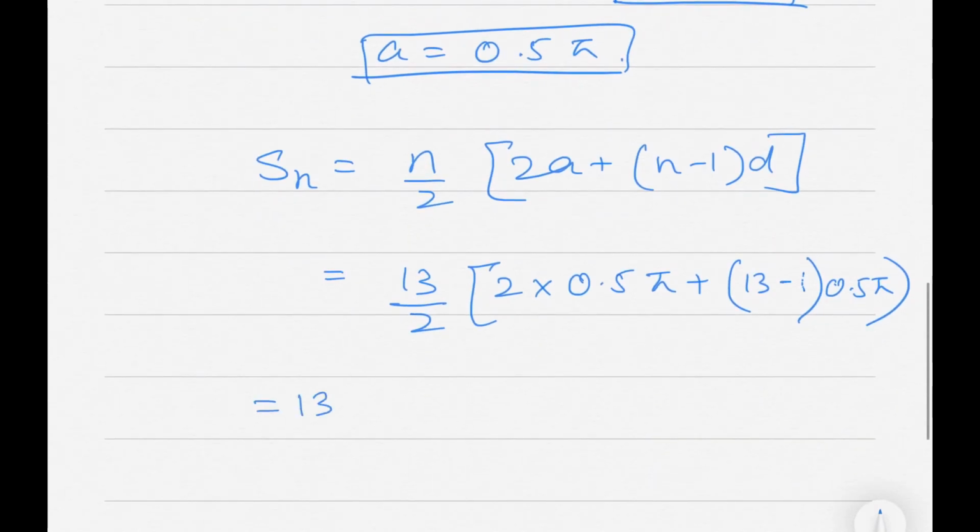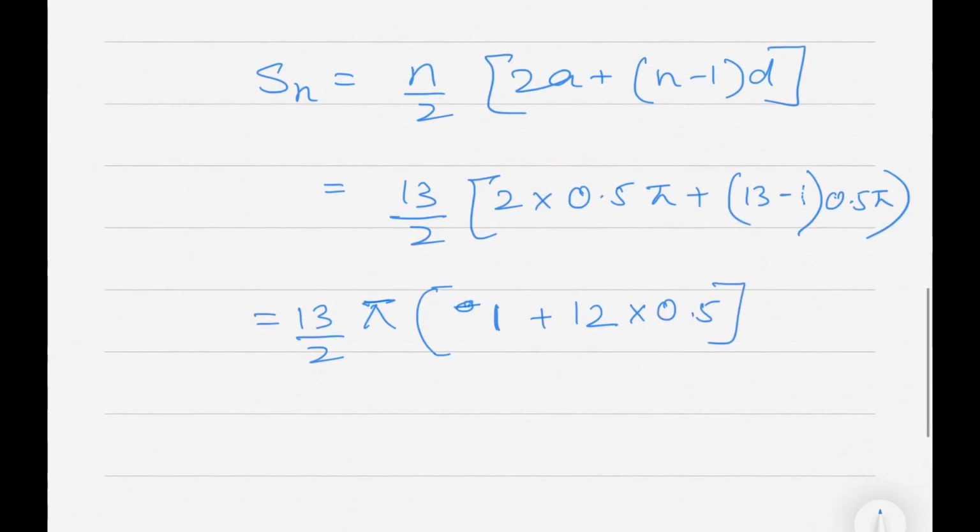Okay, so 13 by 2, and here I can take pi common outside. Okay, now what is left here, guys? So now this 2 into 0.5 is 1, so it will be only 1 here. Okay, pi I already took it out. Now plus, now how much? 12, and pi already I took, and 0.5.